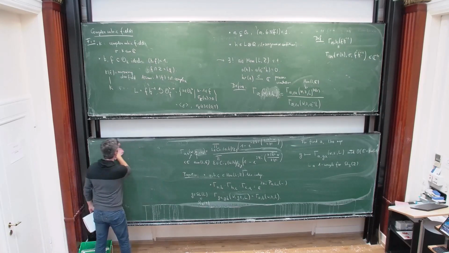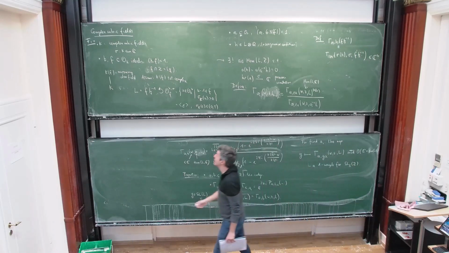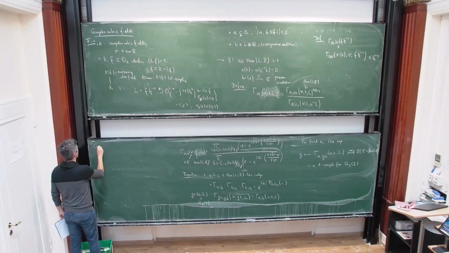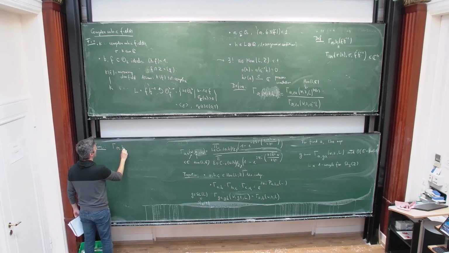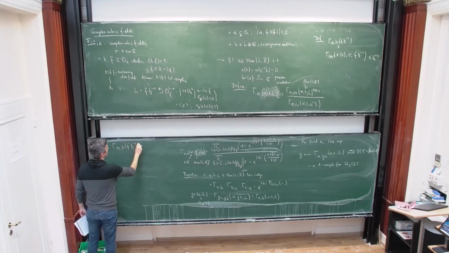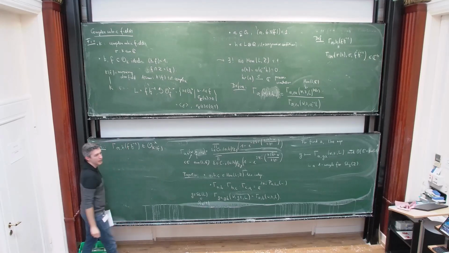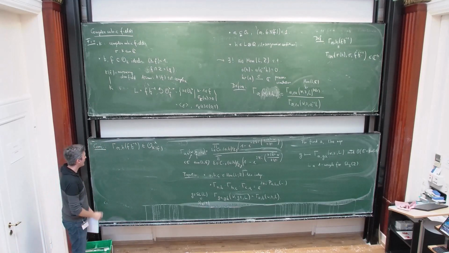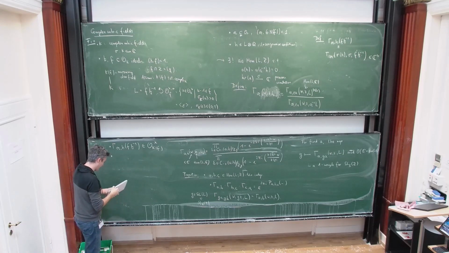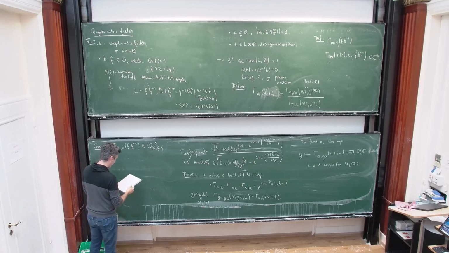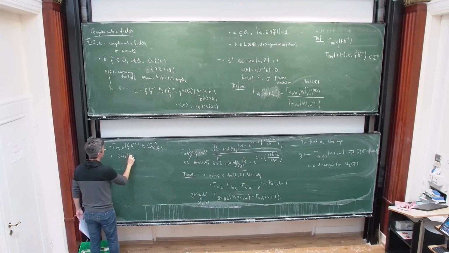So the conjecture in general is that these numbers are units in this field, and that the Galois action can be described explicitly in terms of Shimura's, very similar to Shimura's reciprocity law.